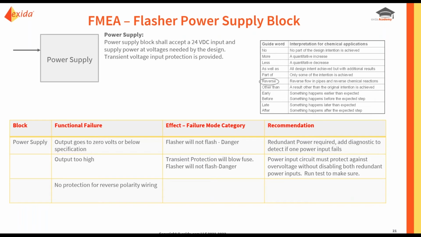I couldn't think of anything with as well as or part of that applies to a power supply, and that happens with guide words. But I get down to the reverse and it makes me think, whoa, we did not have a requirement for reverse polarity power input wiring, should we?